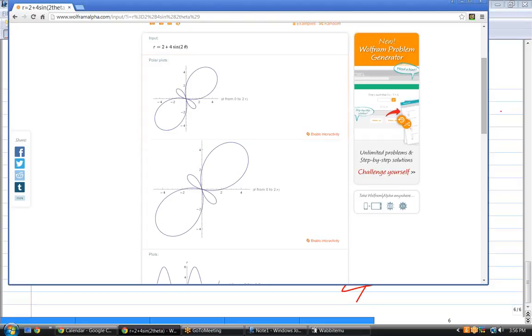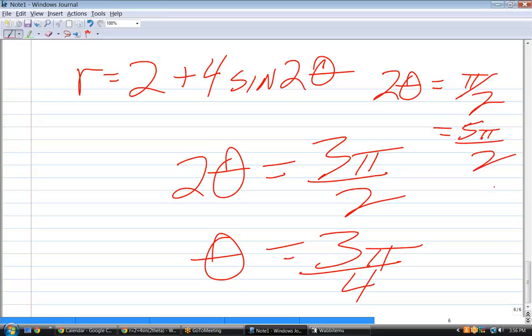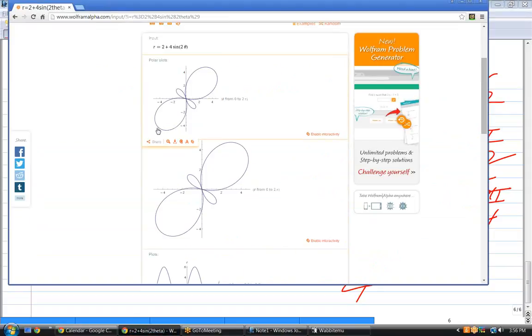So 2 theta has to equal pi over 2 or 5 pi over 2. And if it's equal to 5 pi over 2, then theta would be 5 pi over 4. So theta right there is 5 pi over 4.